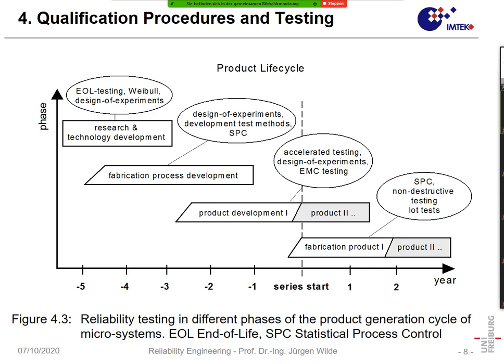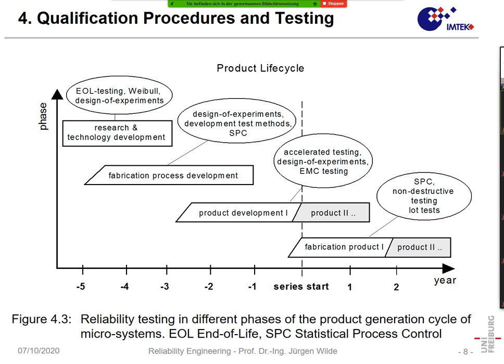Also, as a rule, it will not help you if you test something and do not have any failures, because then you will not get the information about what can go wrong.